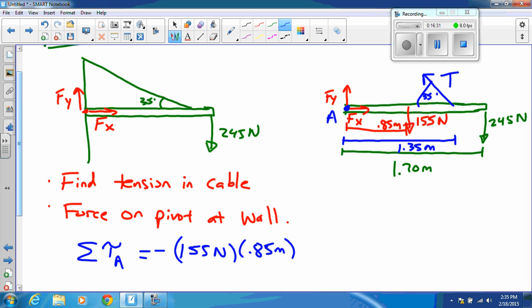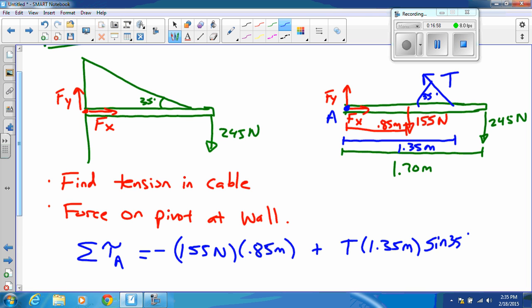The tension, this is the new thing here. The tension here is at an angle of 35 degrees from the beam. Therefore, when I include that angle, I have the tension times its distance, which is 1.35 meters, times the sine of the 35-degree angle. That wasn't so hard.